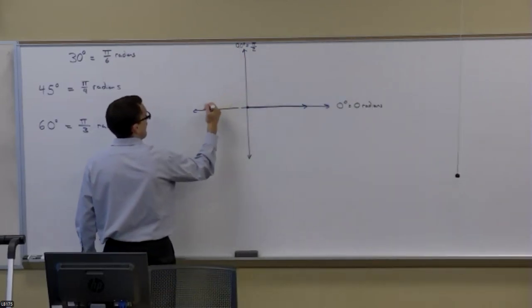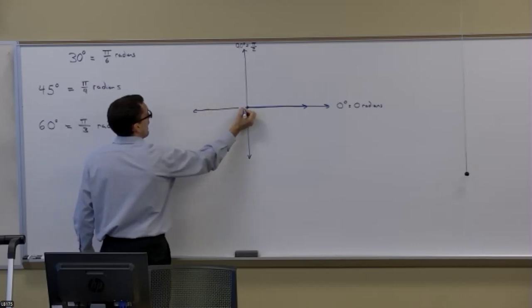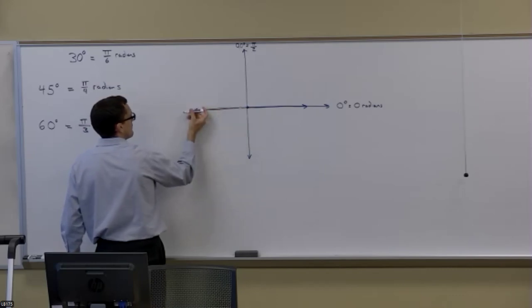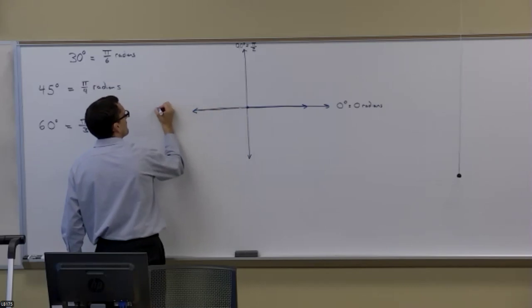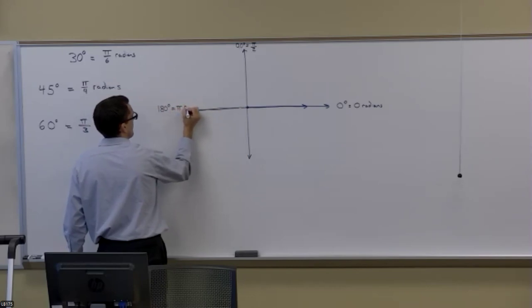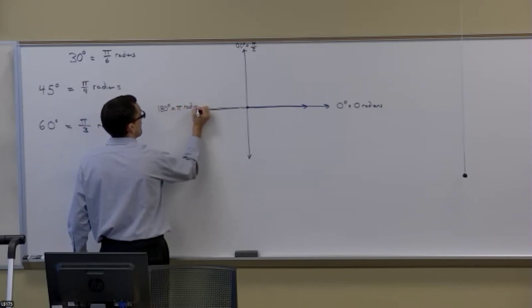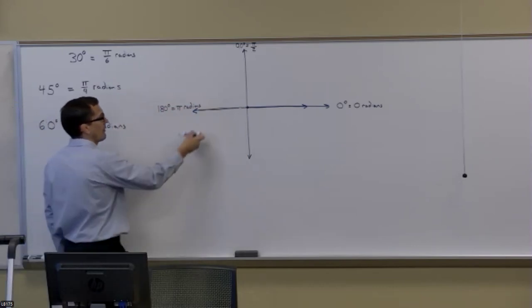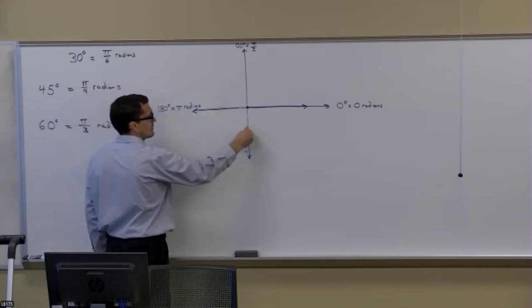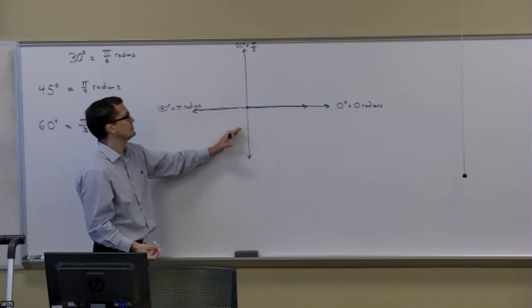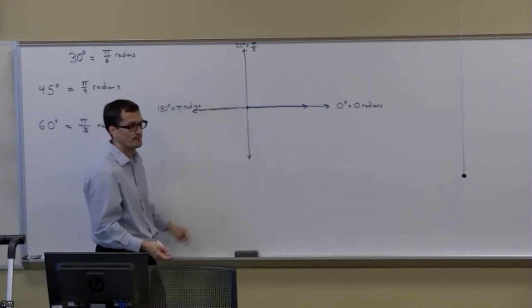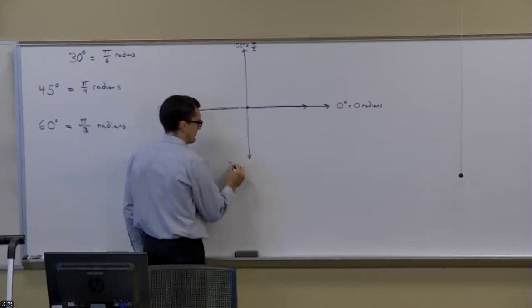Once we do a full line, and we're going out on the left along the x-axis, that's 180 degrees, which is pi radians. We've already established that. Going another quarter rotation is going to be 180 plus 90. So that's 270 degrees.